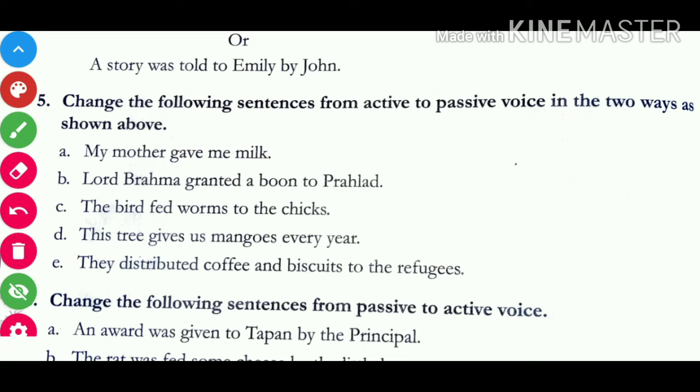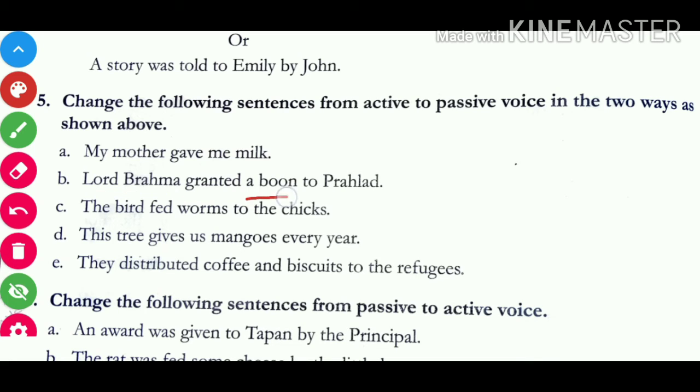Now let us take the second one. Lord Brahma granted a boon to Prahlad. Okay, now Prahlad was granted a boon by Lord Brahma. और दूसरा सेंटेंस क्या हो सकता है इसी का?